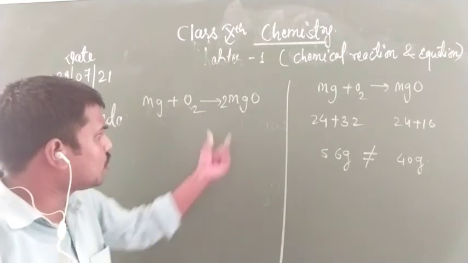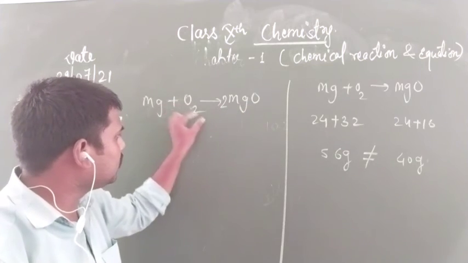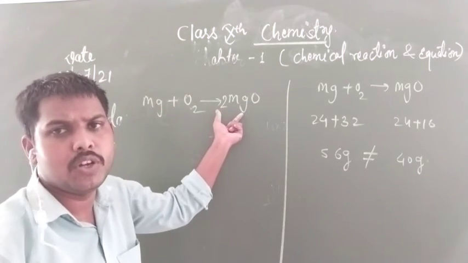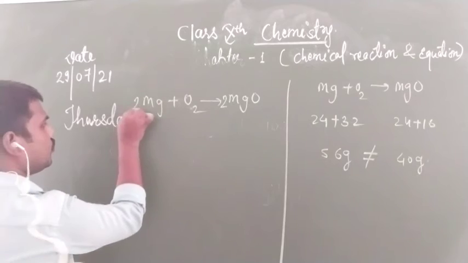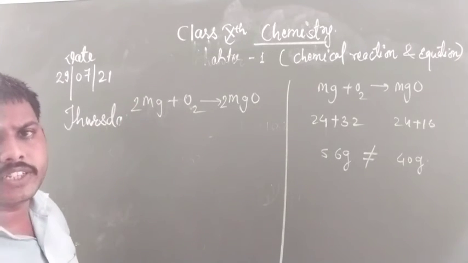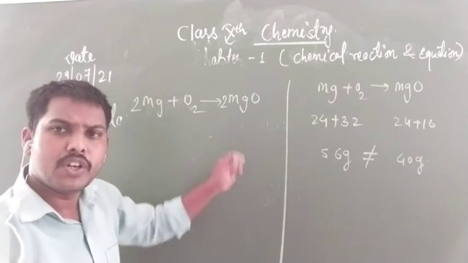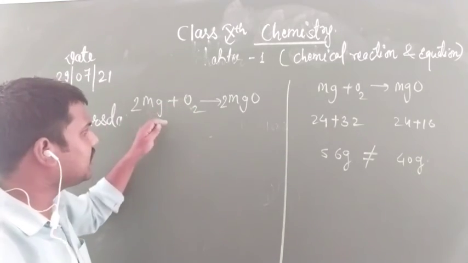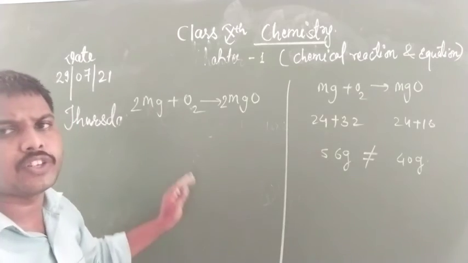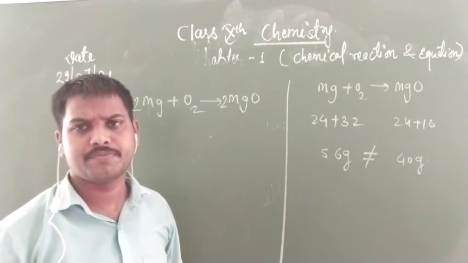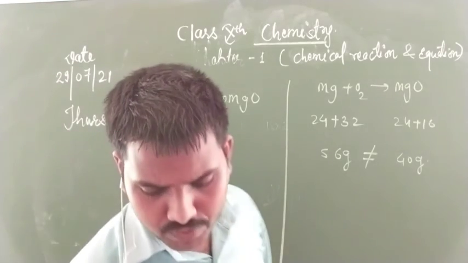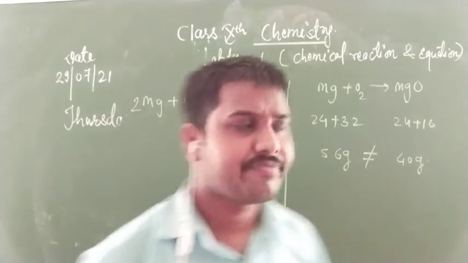Now 2 oxygen, but then magnesium is 2, so again you put 2. Now I think it is clear. 2 magnesium, 2 oxygen. Now check, after balancing, whether it follows the law of conservation of mass or not.